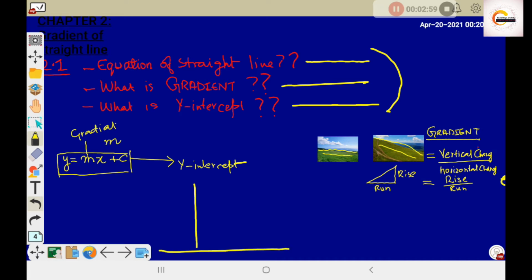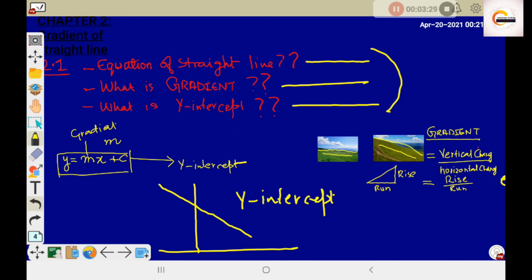Now what is y-intercept? In a graph, when a straight line cuts the y-axis at a point, this point is called y-intercept, and we can also say that y-intercept refers to the y coordinate of the point of intersection of the line with the y-axis.